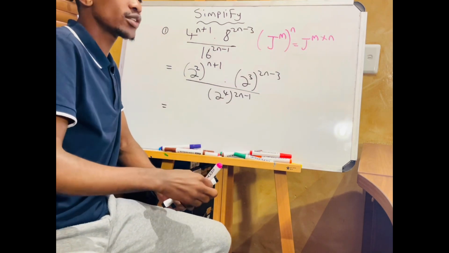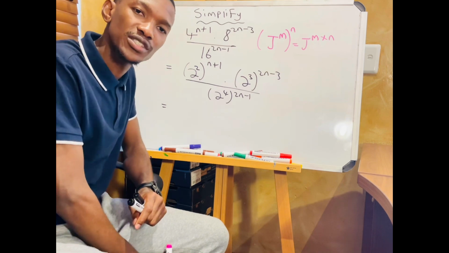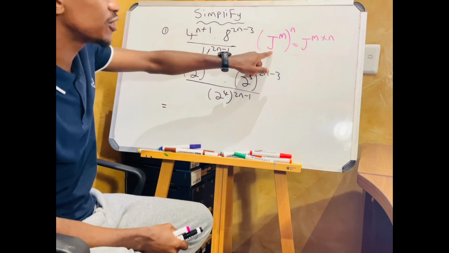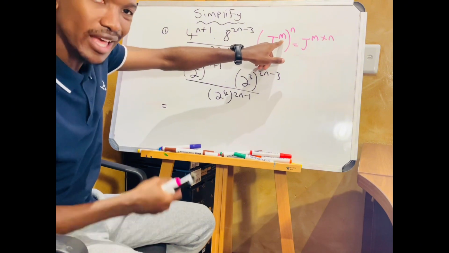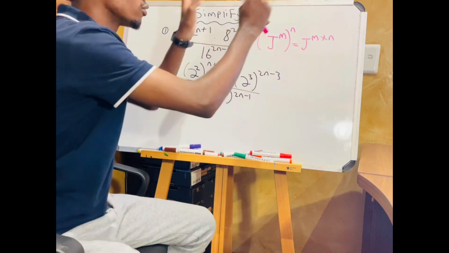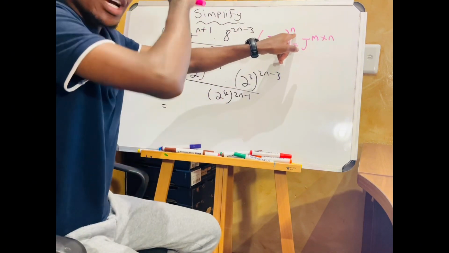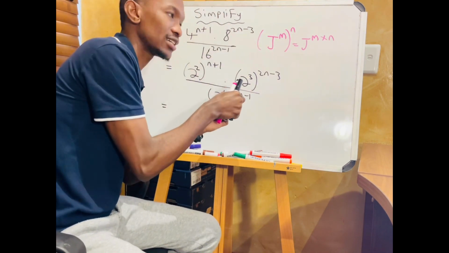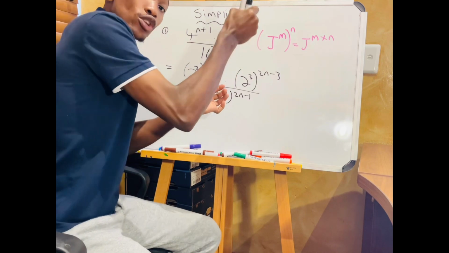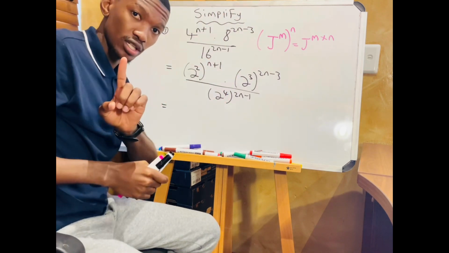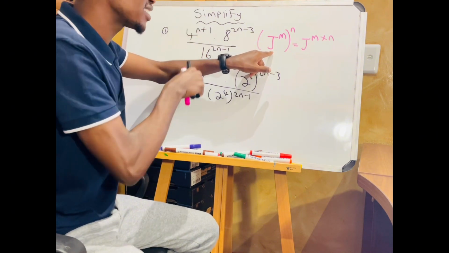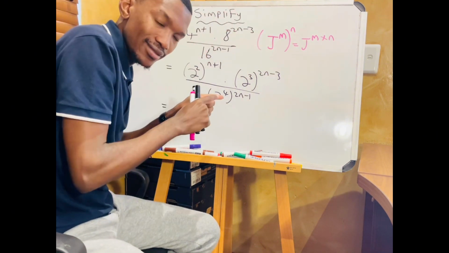So basically, that exponent that is outside of the bracket must multiply the exponent that is inside the bracket, the exponent that is on top of the base. The exponent doesn't multiply the base, but it only multiplies the exponents of the base.